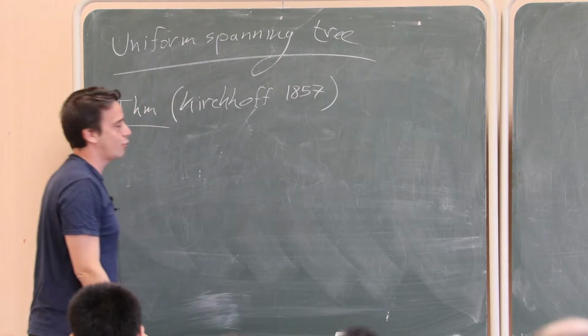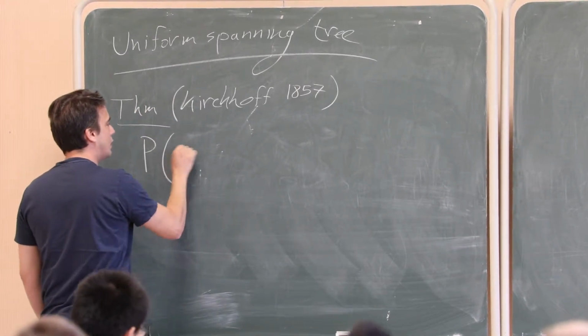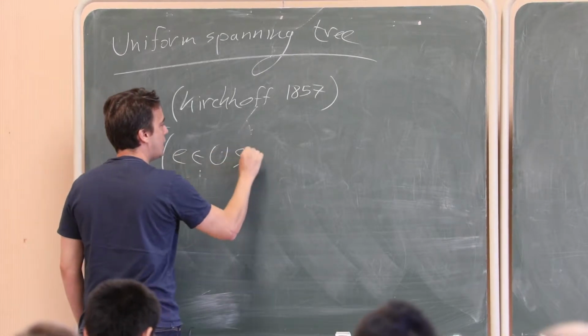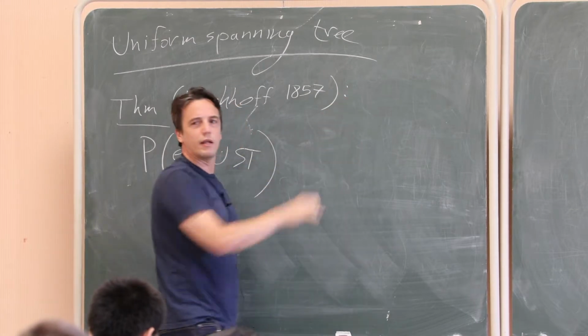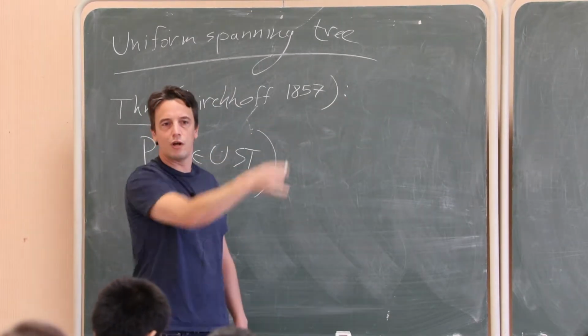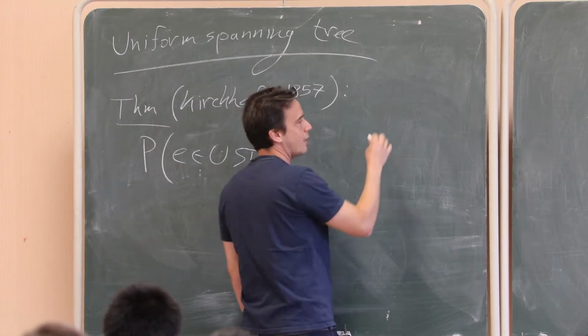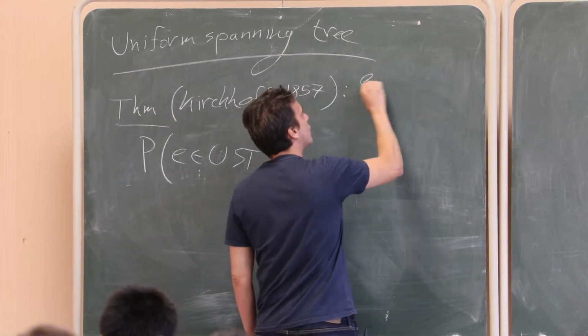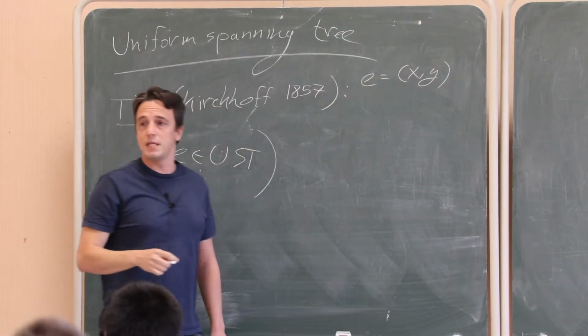So it's a pretty old result that says that the probability that e is in the UST, a particular given edge, right? So I'm not writing all that G is a connected graph, etc. T, or the UST, is a randomly chosen uniform spanning tree. e is an edge xy. The graph need not be simple.